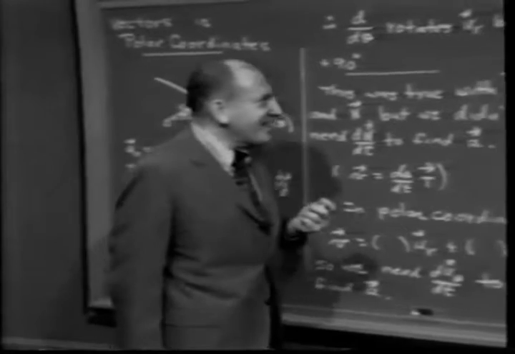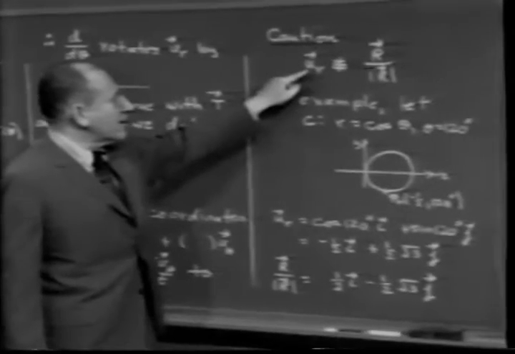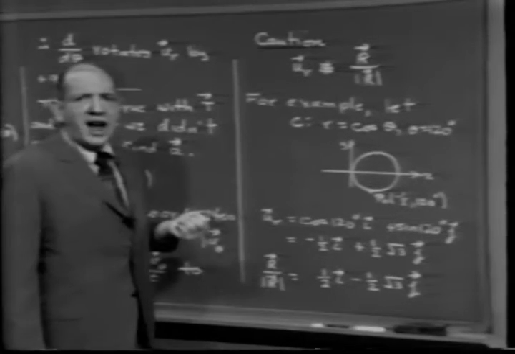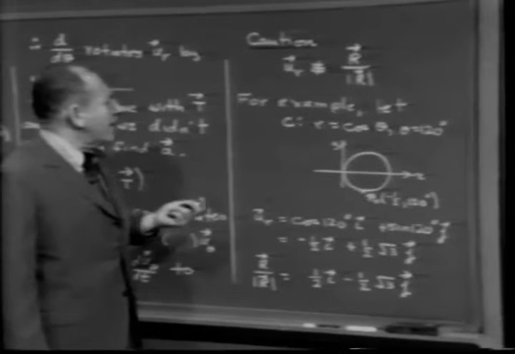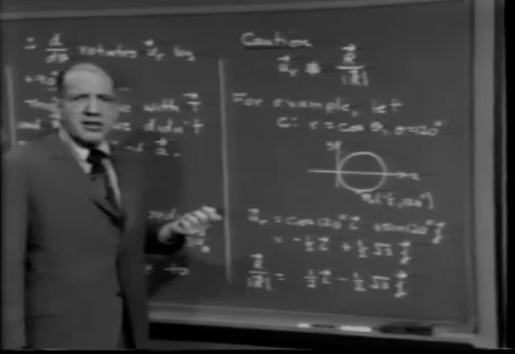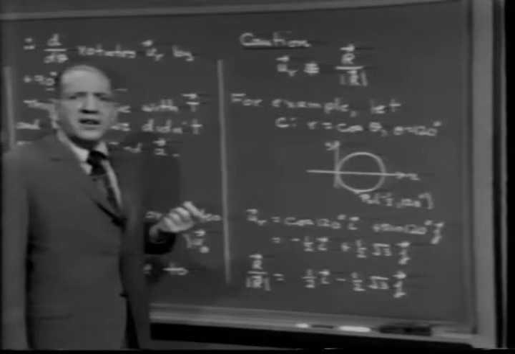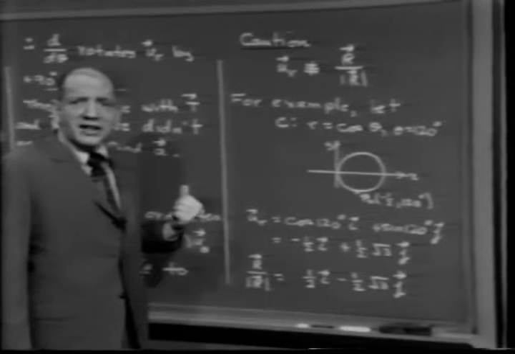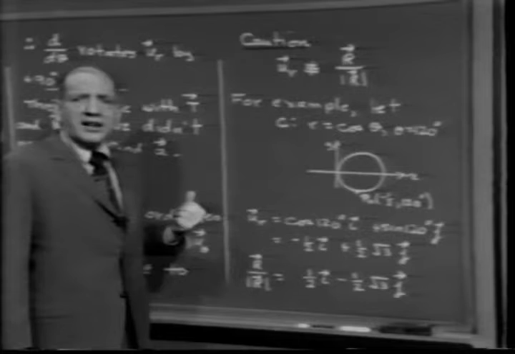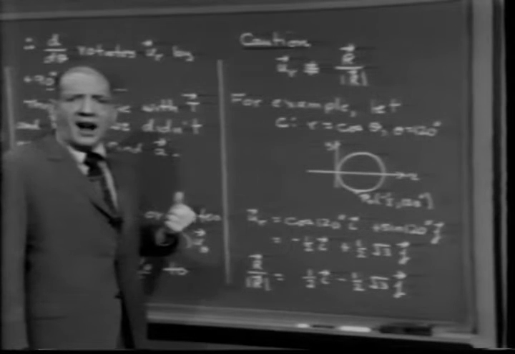So far, so good. But now I want to make one little caution, a caution which is not at all self-evident, at least to me, and which gave me great difficulty myself when I was a student. My feeling was that u sub r was simply the unit vector in the direction of r. In fact, I said that earlier, that u sub r was the unit vector in the direction of the radius vector r.